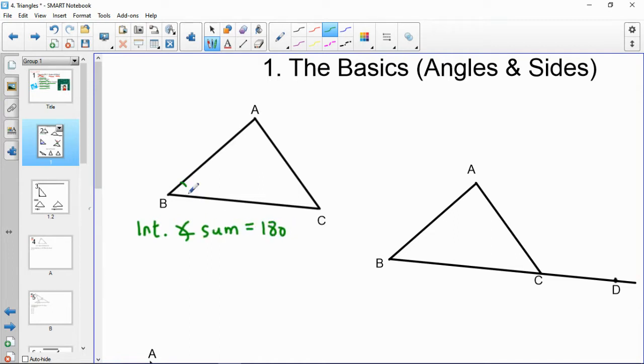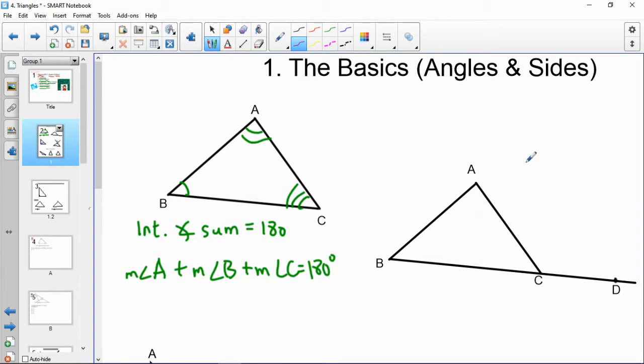So in a triangle, I have 3 interior angles. And if I were to take the measure of each one of those angles and add it up together in an equation, by rule, it is always going to be giving me 180 degrees, which means that anytime you have 2 angles in a triangle, the third angle is right around the corner.